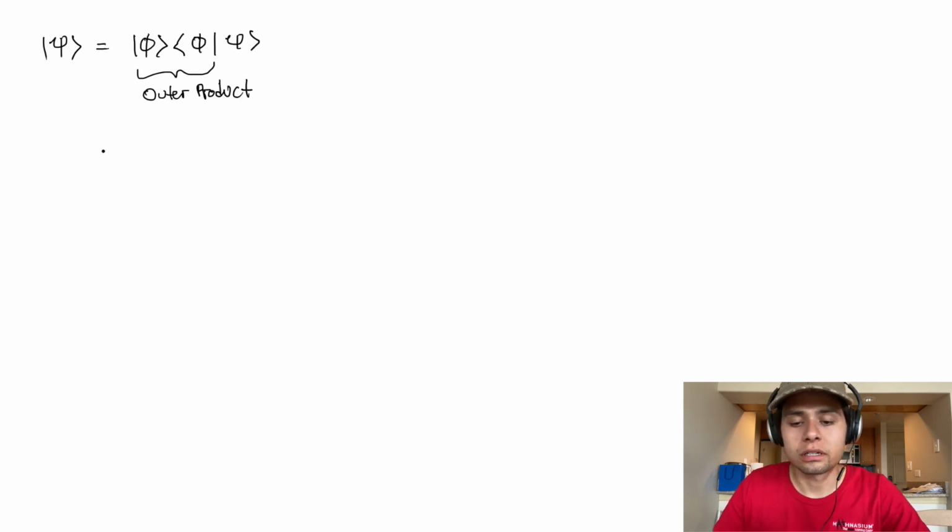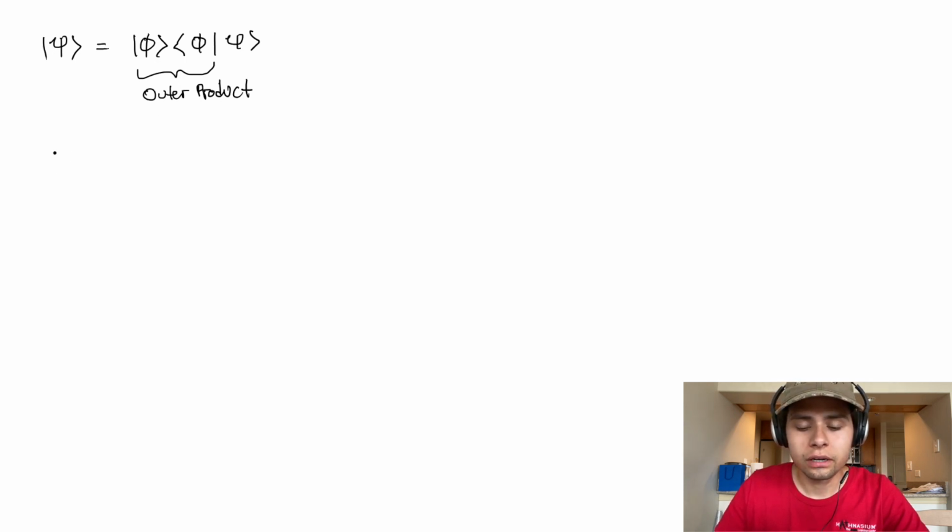If you remember what the inner product is in your basic vector calculus class, or in your basic general physics class, an inner product basically tells you how much two vectors are similar to one another.